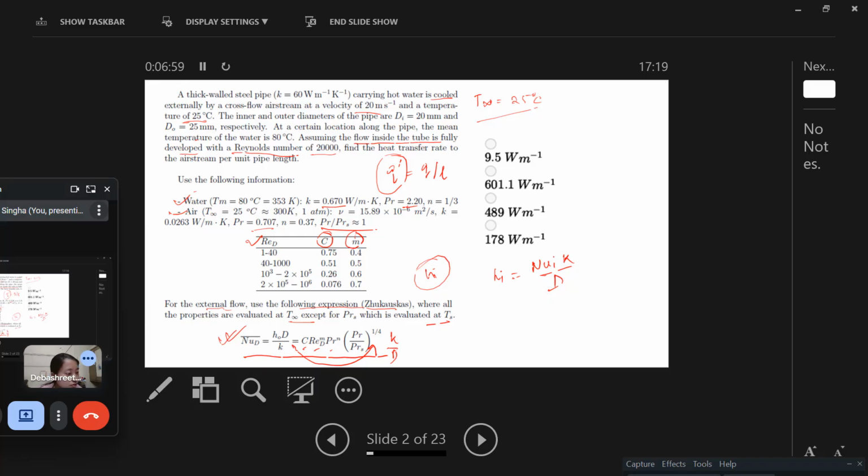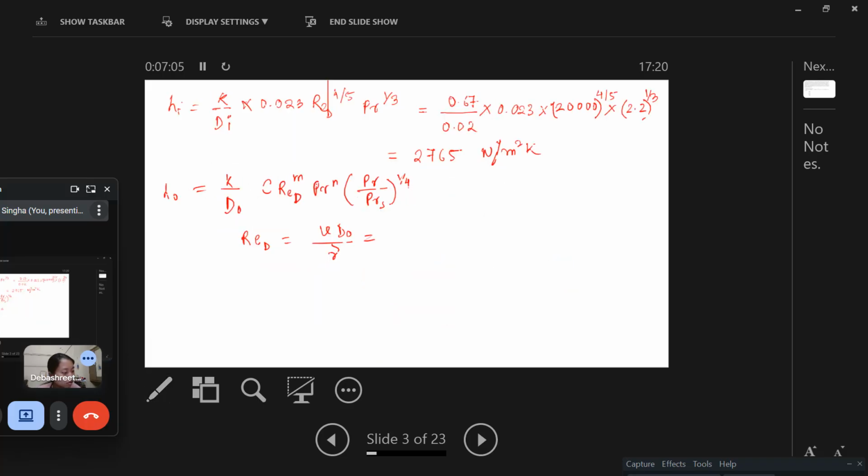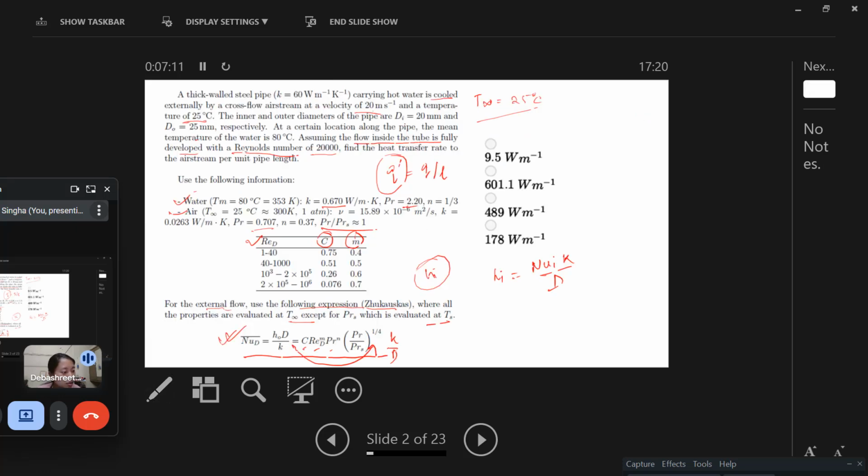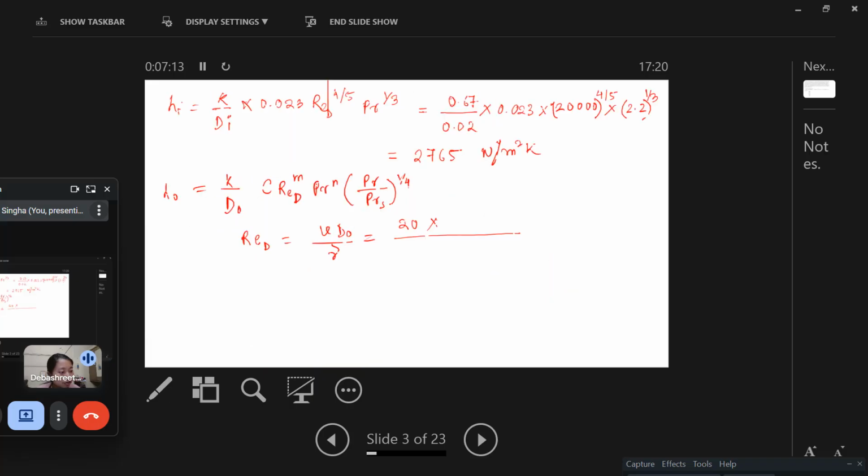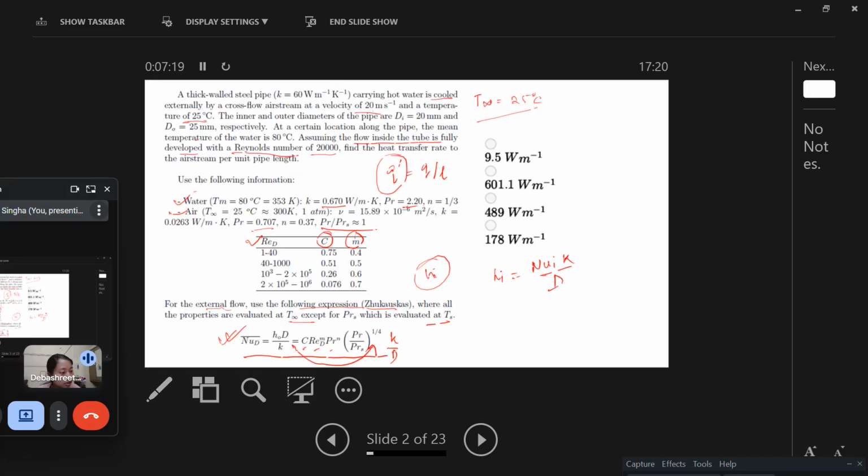V was how much? 20 meter per second. Outer diameter is 25 millimeter, 0.025. What is nu? Nu for air, right?